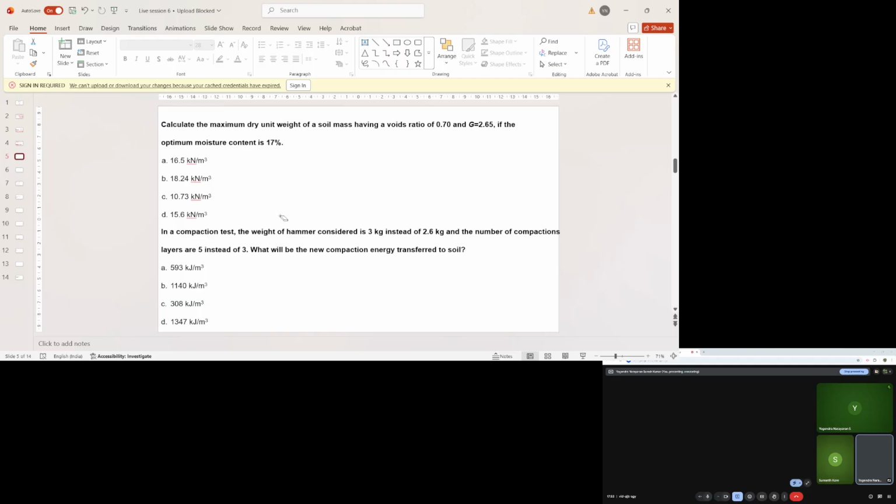Coming to the next question. Calculate the maximum dry unit weight of a soil mass having a void ratio of 0.7 and a specific gravity of soil solids of 2.65, if the optimum moisture content is 17%.